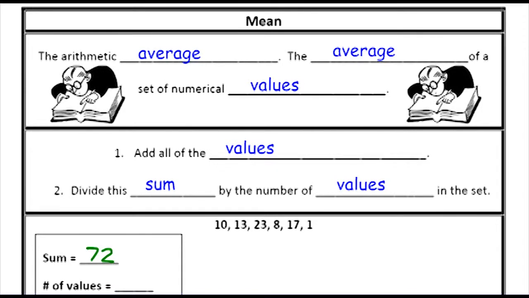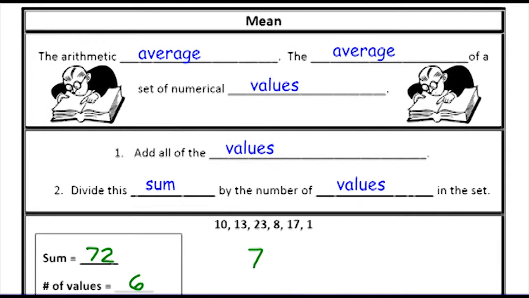Step 1, add all the values. Done. Step 2, divide this sum by the number of values. My sum was 72. There are 6 values in the set. My answer is 12. So the average of all of those values is 12.